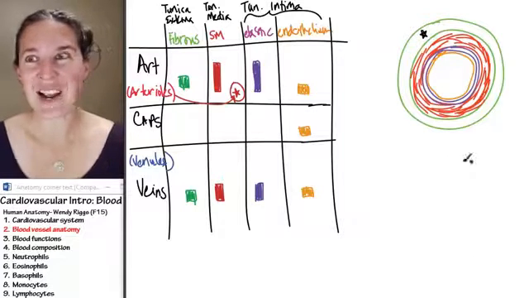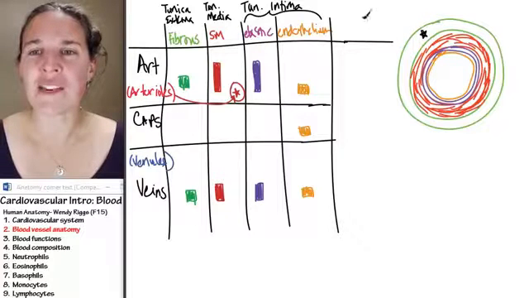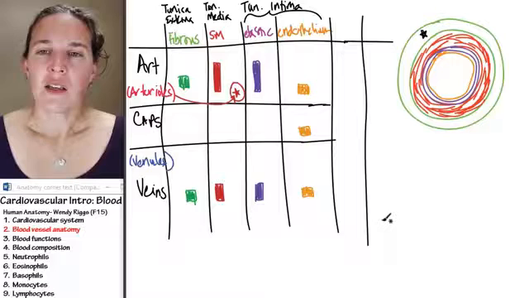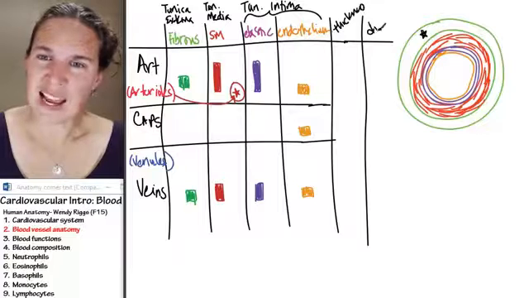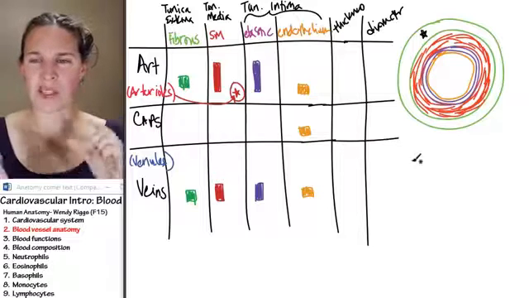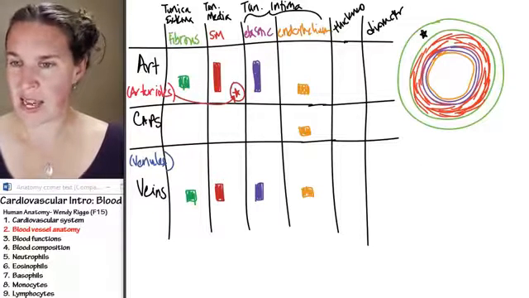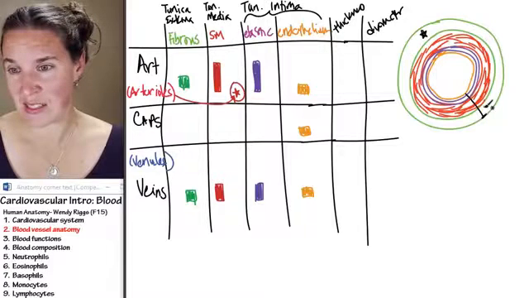The last thing I want to do is I want to show you their relative, I don't know, let's do thickness and diameter. And this is a relative measurement because I want you to think of thickness as, of course, thickness is this.